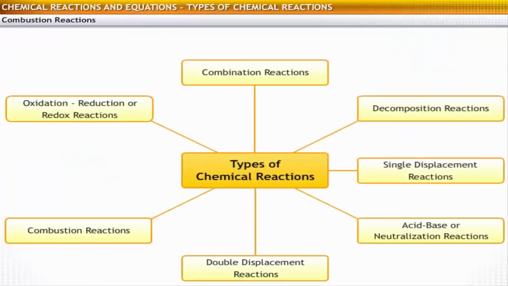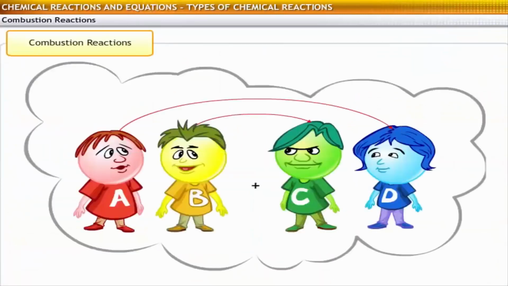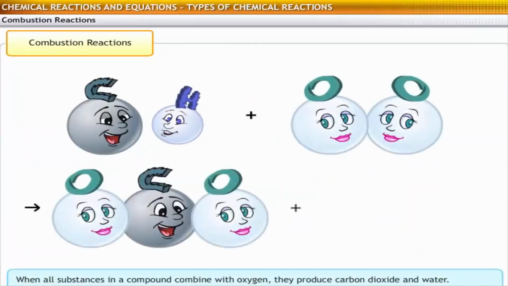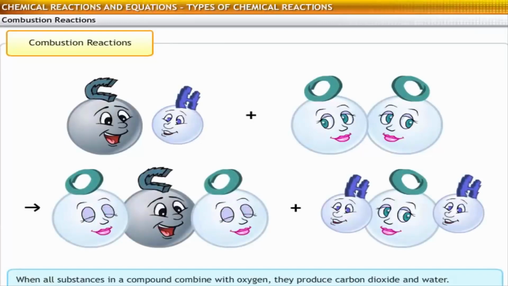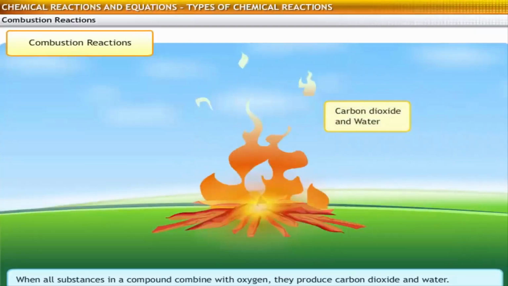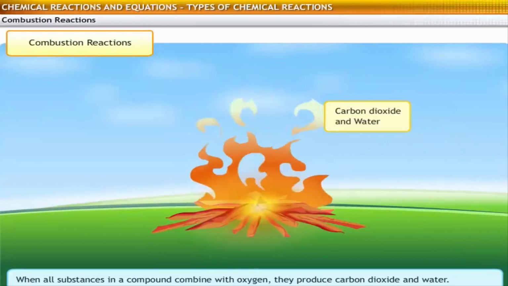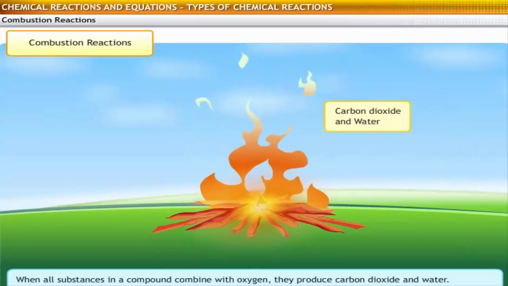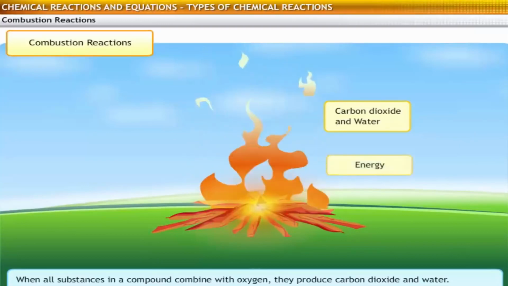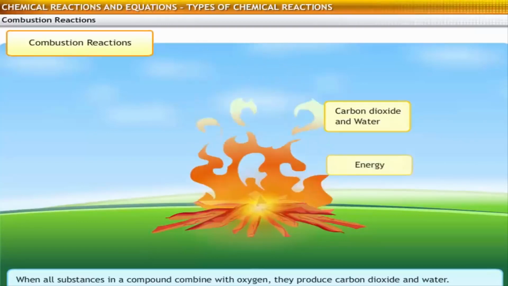As you saw, in double displacement reactions, compounds exchange ions. However, in a combustion reaction, there is no exchange. In a combustion reaction, when all elements in a carbon compound combine with oxygen, they produce carbon dioxide and water. Thus, combustion reaction is the burning of a substance in the presence of oxygen, resulting in the release of energy, carbon dioxide and water.